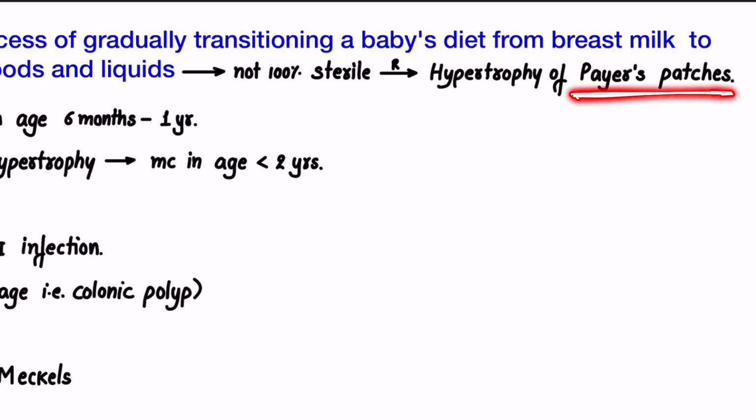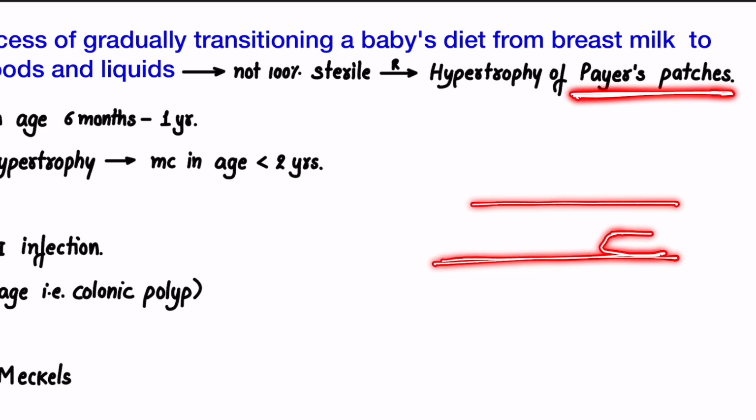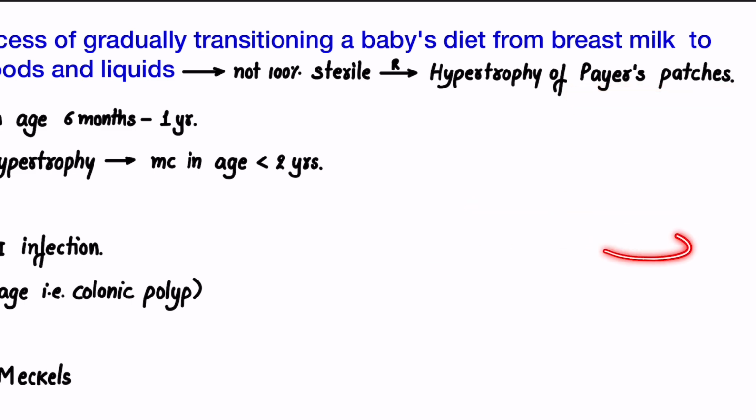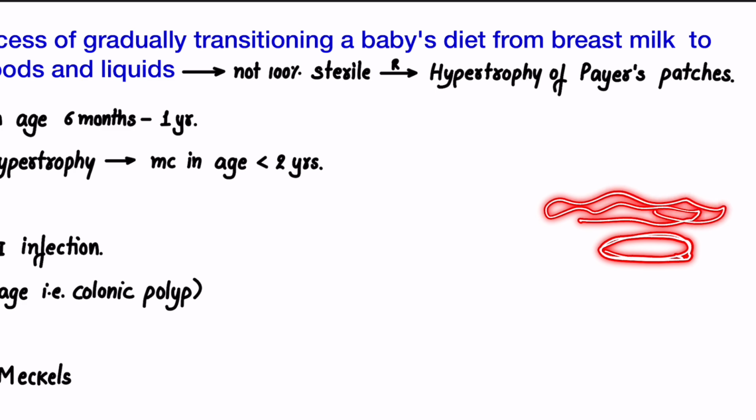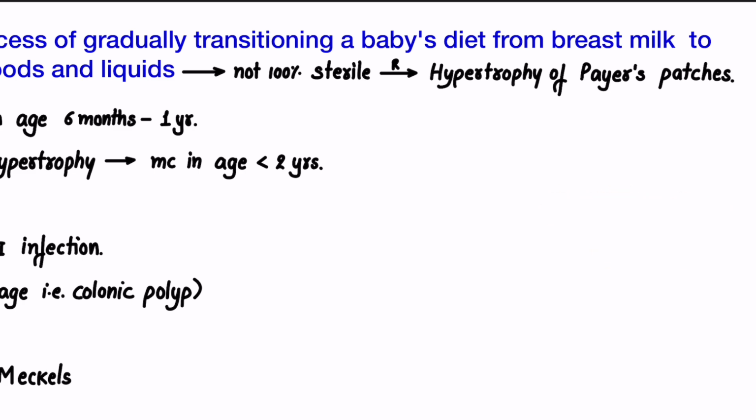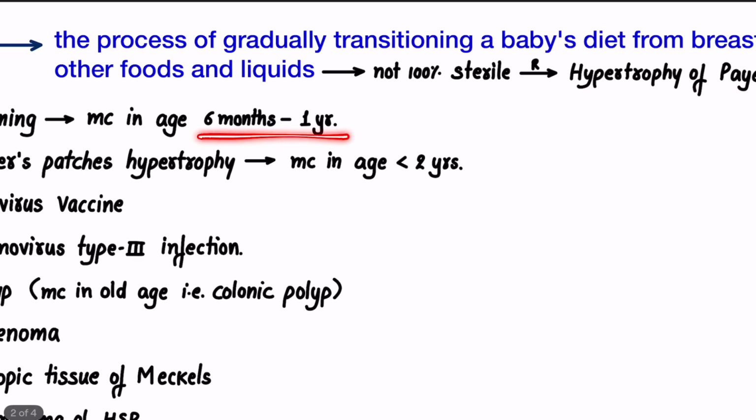Usually Peyer's patches are found in the whole small intestine, but their maximum concentration is in the terminal ileum. So when these Peyer's patches face any kind of contamination in the food, they take it as some kind of infection, and since they are lymphoid tissue, their function is to fight against it, so they will undergo hypertrophy, and this can lead to intussusception in a child within this age group.